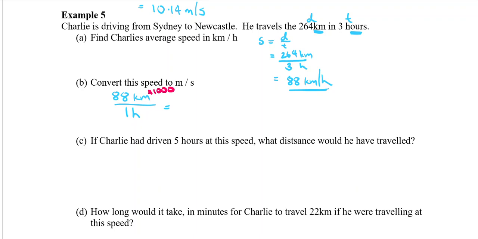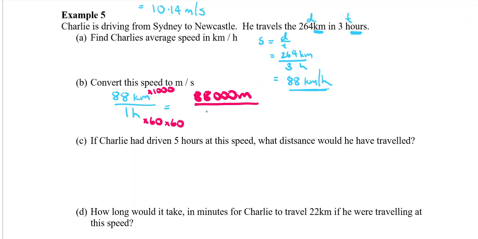To turn hours into seconds, you have to times it by 60 to turn it into minutes and times it by 60 again. So that gives us on the top 88,000 metres over 1 times 60 times 60.